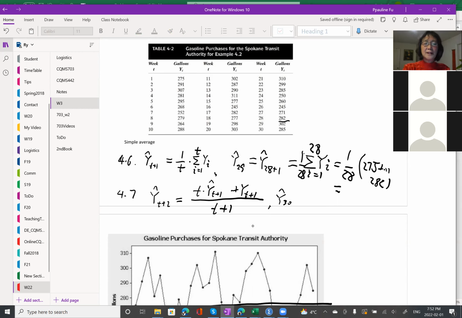That is the formula. In Excel, you just do the average for week 1 to week 28, let me double check. This is week 1 to week 28 in red color.